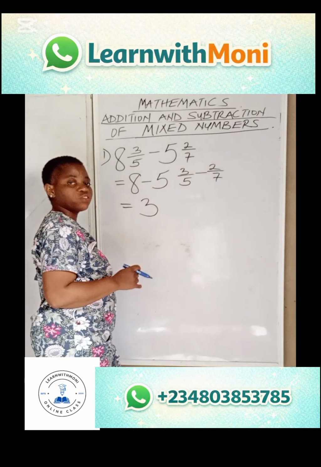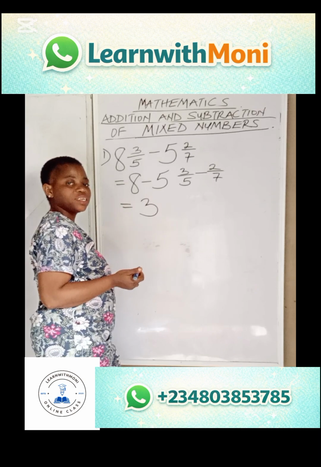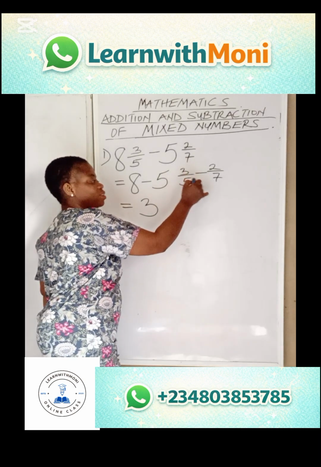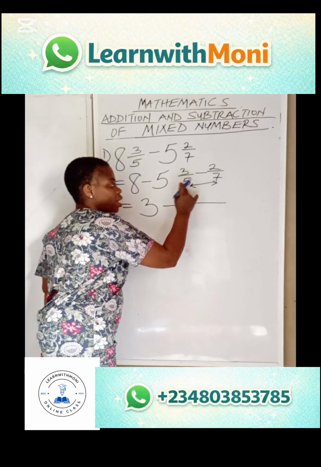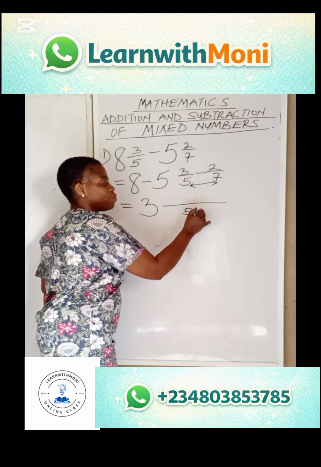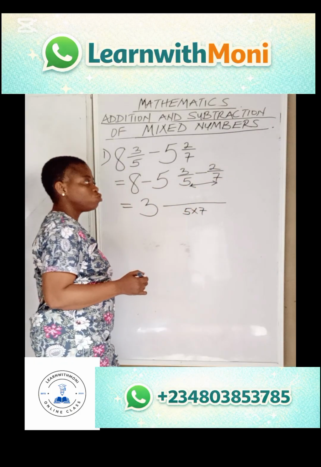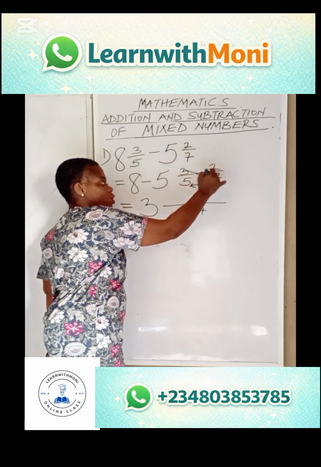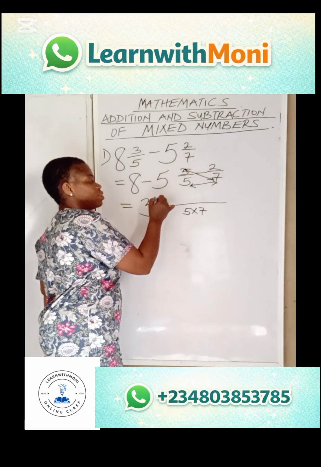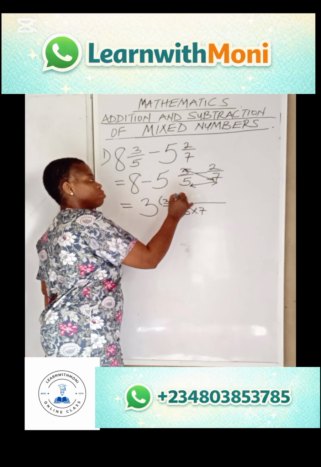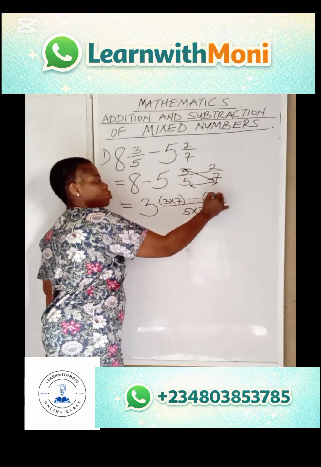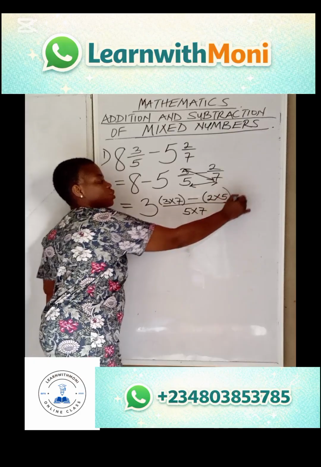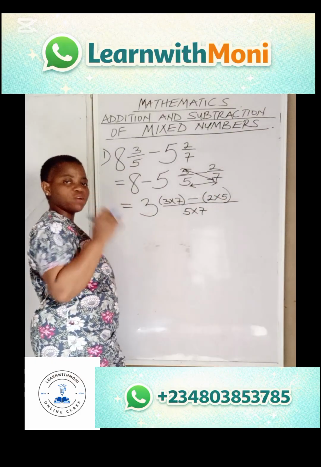For the fractions, I want to do the other method, that is, multiplying the denominators first. 5 times 7 for the denominators. Then the numerators. My left diagonal first, that is 3 times 7 minus my right diagonal, which is 2 times 5. You remember this method from the beginning of the class?